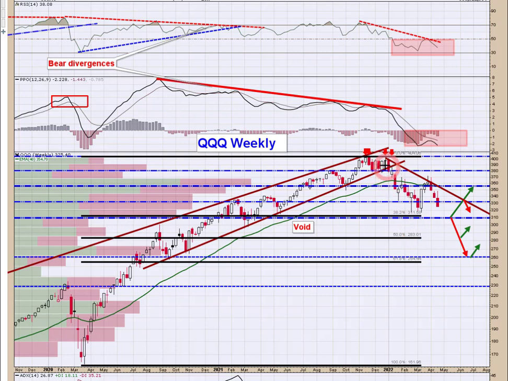And remember, we've shown in previous episodes that classic first leg down, A, kickback rally, B, C move. Even if you just eyeball it, this distance from this distance puts you down in that 380 area on an A, B, C down move.